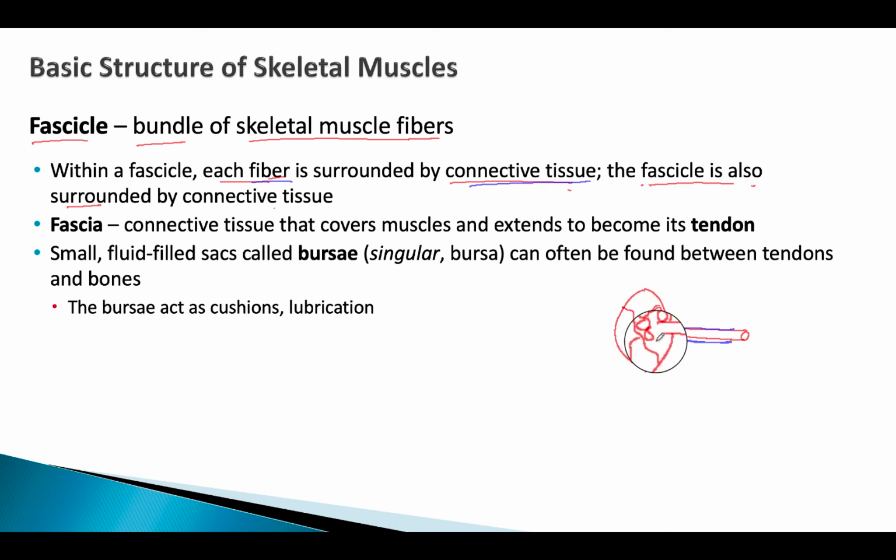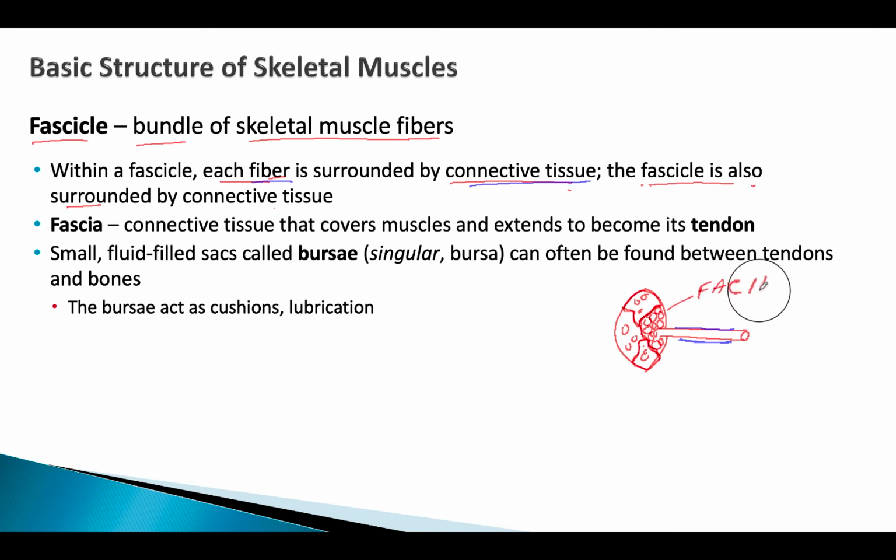We have this one as well, and so on and so forth. You guys get the idea, right? Each one of these collections of muscle fibers is now known as your fascicle. So this would be another collection right over here. This right here is a fascicle, a collection of your muscle fibers.